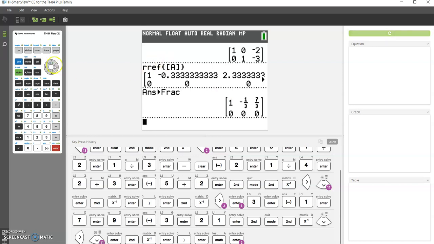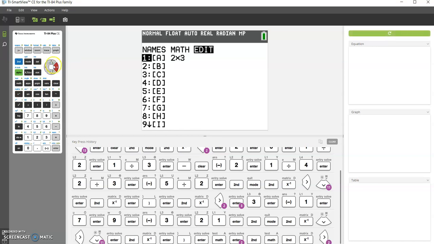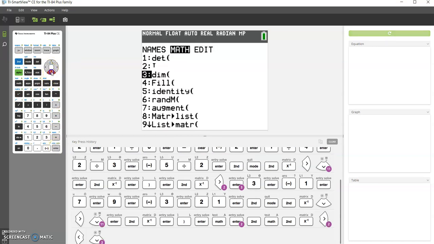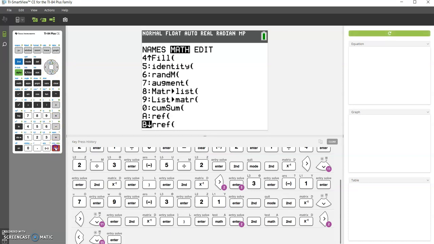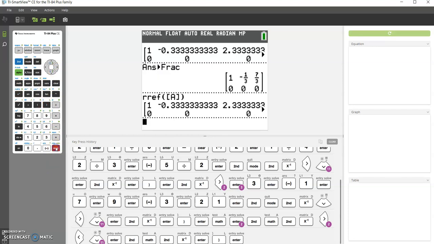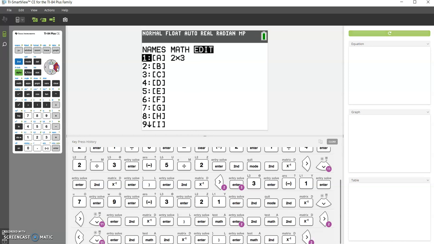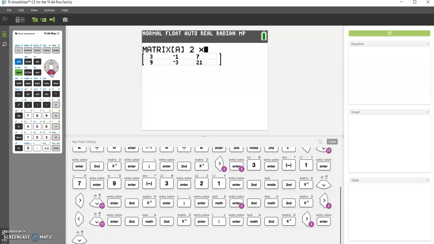What I was going to say before is, let me go through this one more time. So if I hit second matrix, go over here to math, and then type in second matrix, A. So let's say that I now go to math, second matrix, and I come over here to edit, 2 by 3, and let me just change one of these values down here.